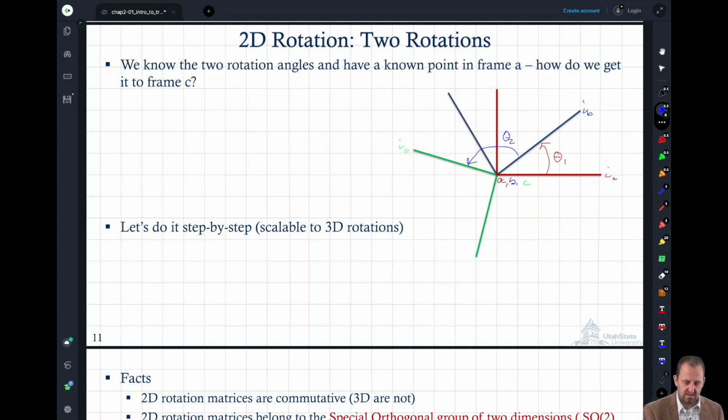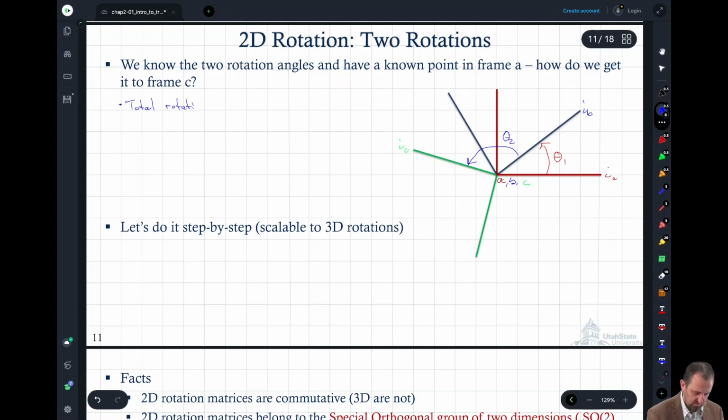Okay, so we have that our total rotation is just adding over the two rotations.